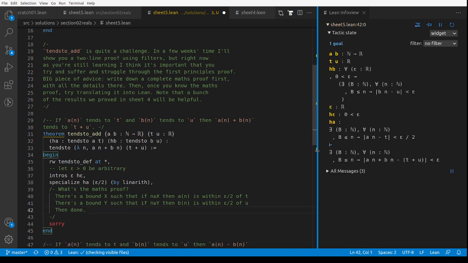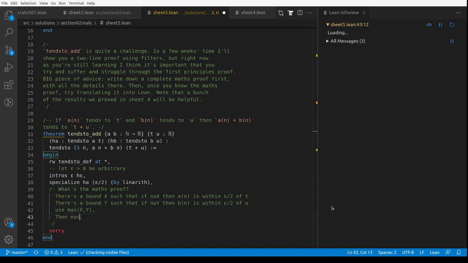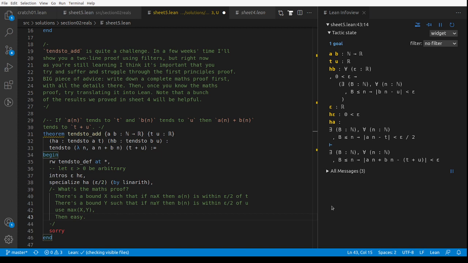There. And then we say we're done. So what do we mean by we're done? We're trying to prove the existence of a bound such that something. So why don't we use the max of x and y, right? And then it should be easy. So that's what the maths proof is.